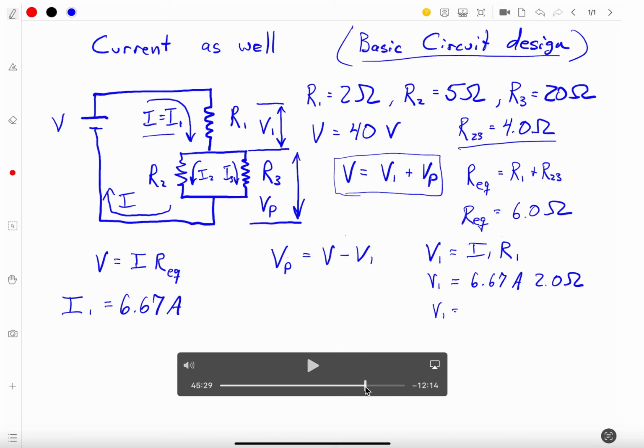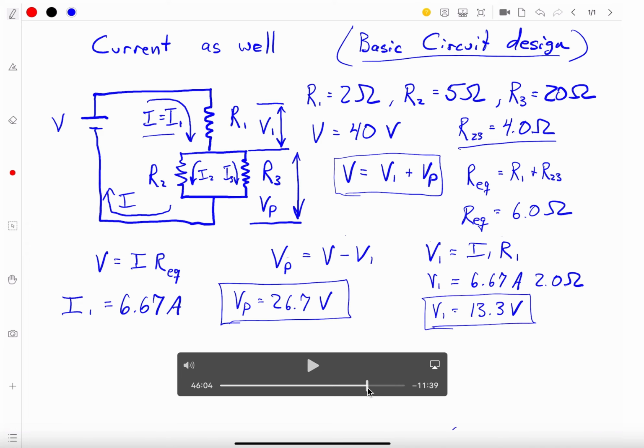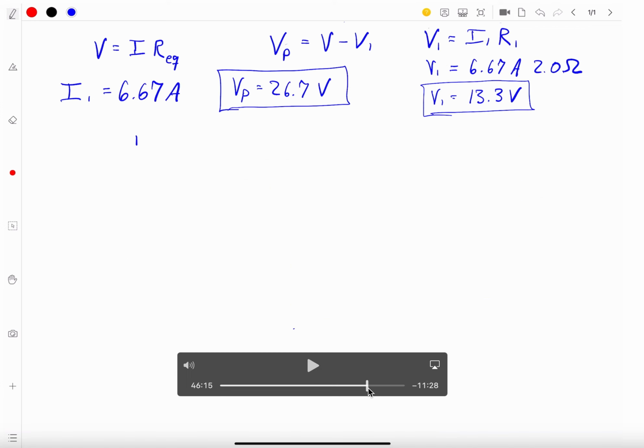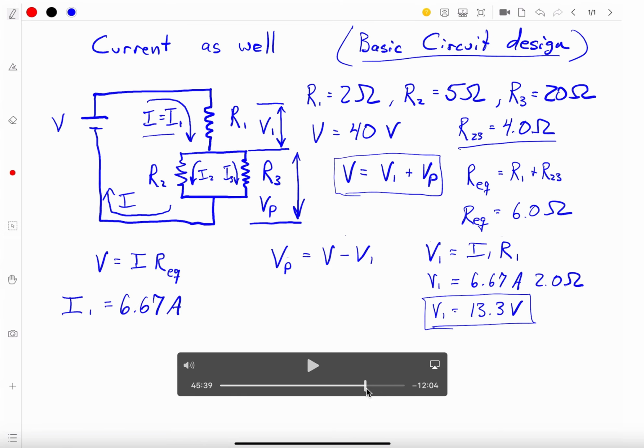So what we really need to do is figure out what V1 is, and V1 is I1 R1. We multiply 2 times 6.67 and get 13.3. Then from 40 we subtract 13.3 and get 26.7. So now we've got our VP.